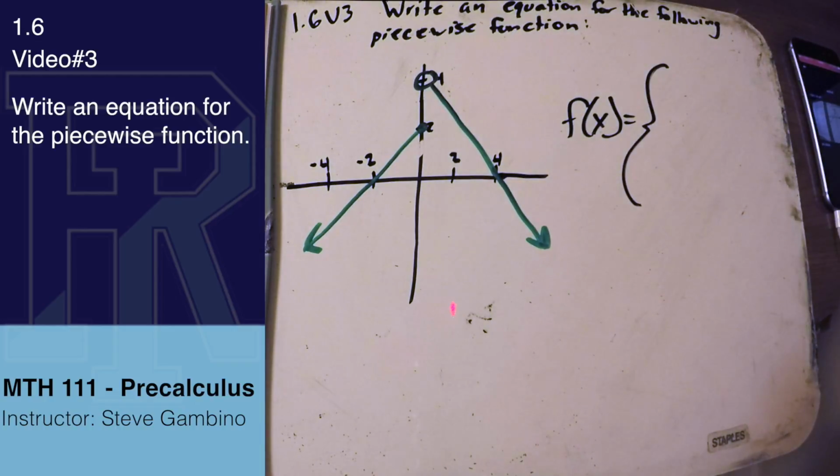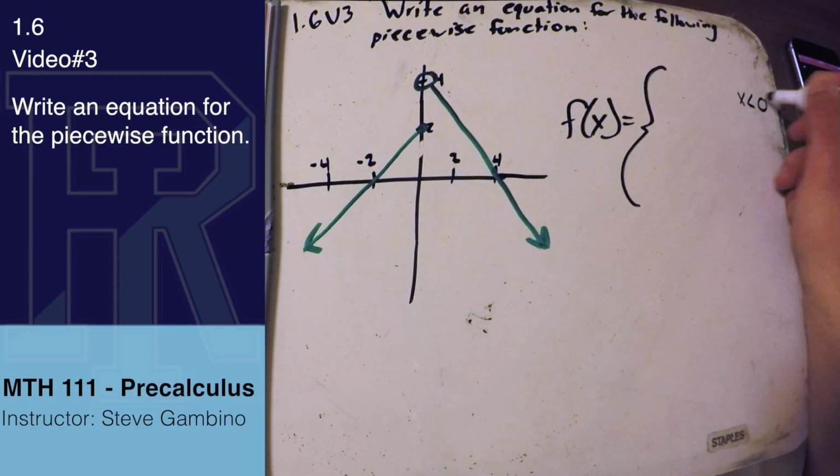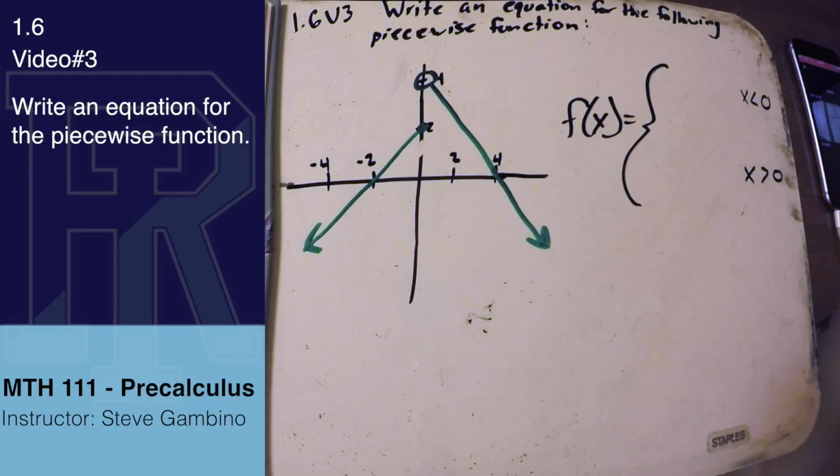So our two intervals here that we're splitting up, our 2 pieces of this piecewise function, are going to be for x less than 0 and x greater than 0. And now we want to look specifically at what happens at 0 too.